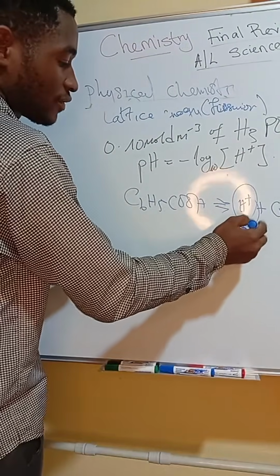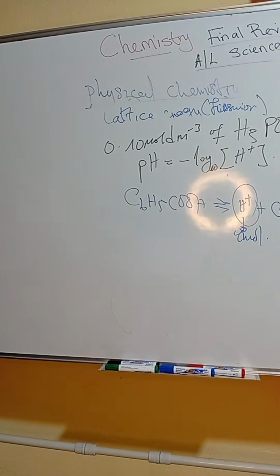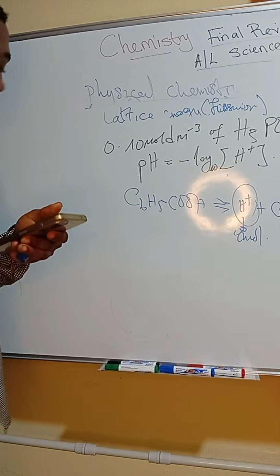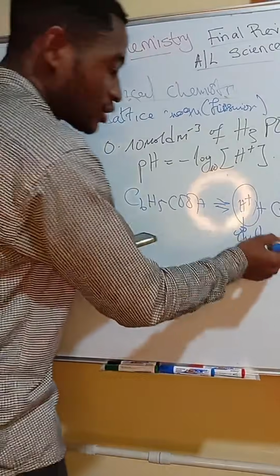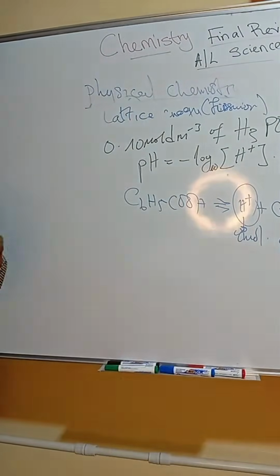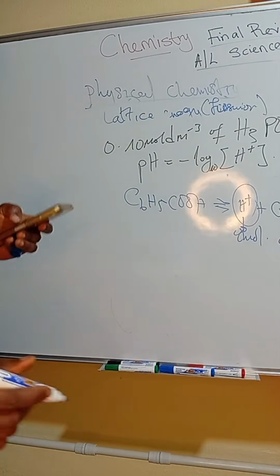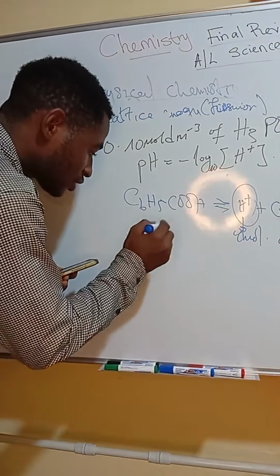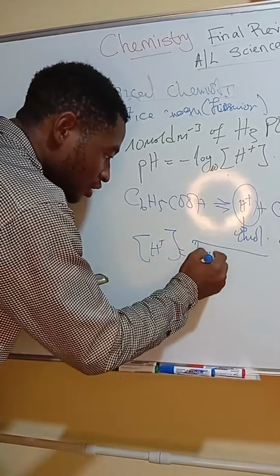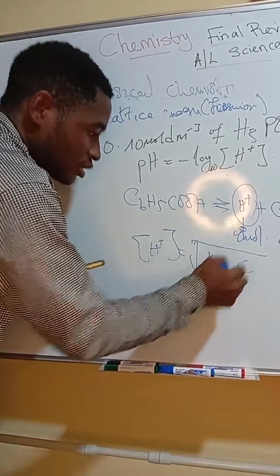1 mole of hydrogen. So the concentration now will be 0.01 mole per dm cube of hydrogen. Now, the concentration of H plus will be equal to the square root of Ka times the concentration.